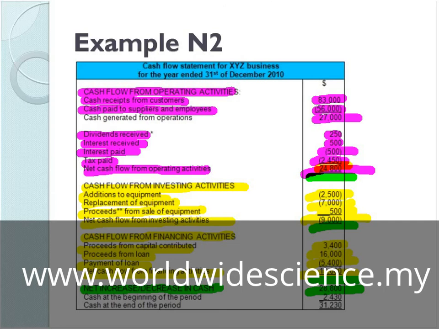And we have a cash at the beginning of the period, which was equal to 2,430, and the cash at the end of the period will be 31,230. This is the plus. That means cash 28,800 plus 2,430.